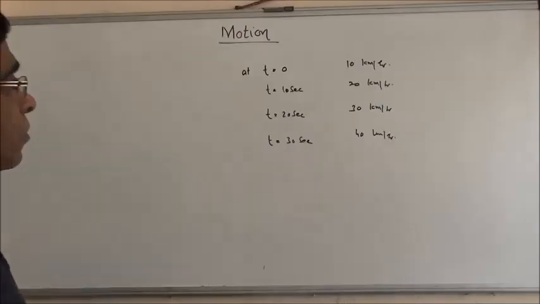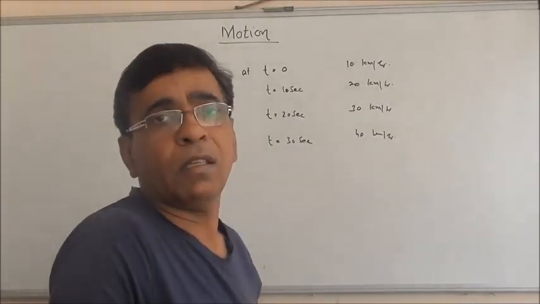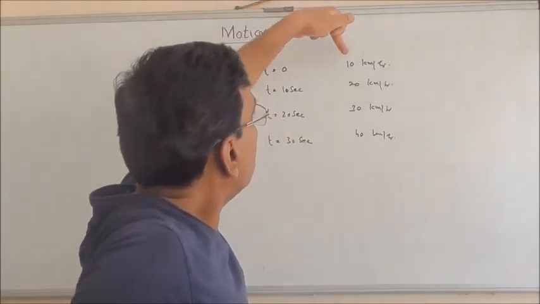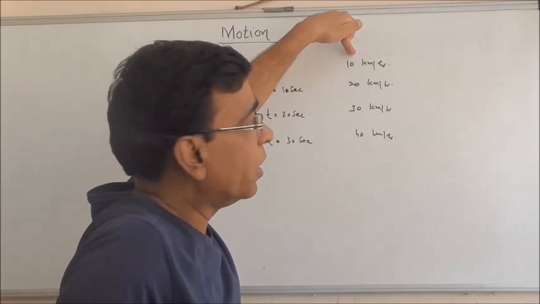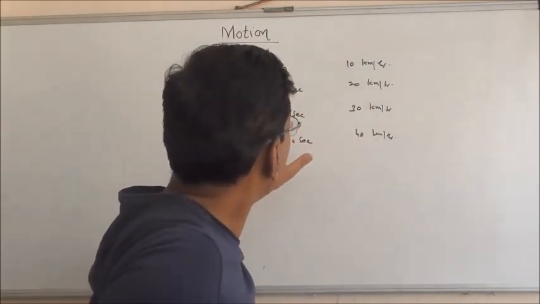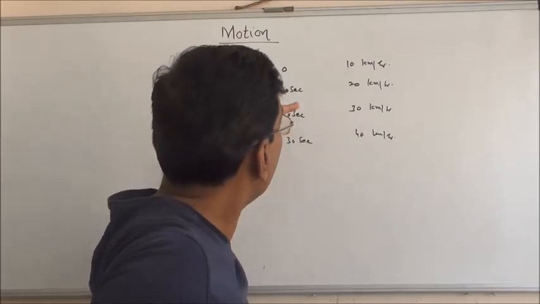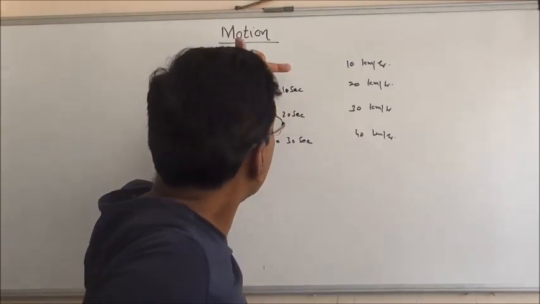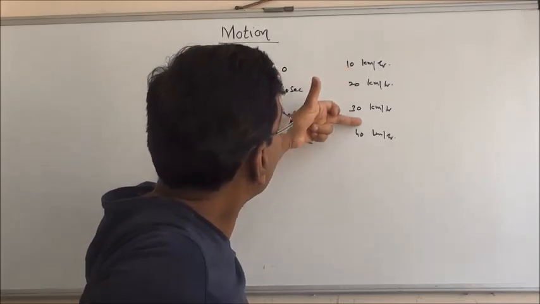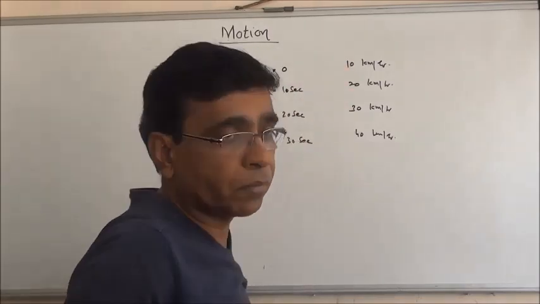means, let's consider that you are sitting in a car. At any moment, the speed is 10 km per hour. After 10 seconds, it is 20 km per hour. Then after 10 seconds, it is 30. Then after 10 more seconds, it is 40. So for every 10 seconds, the speed is also increasing by 10.